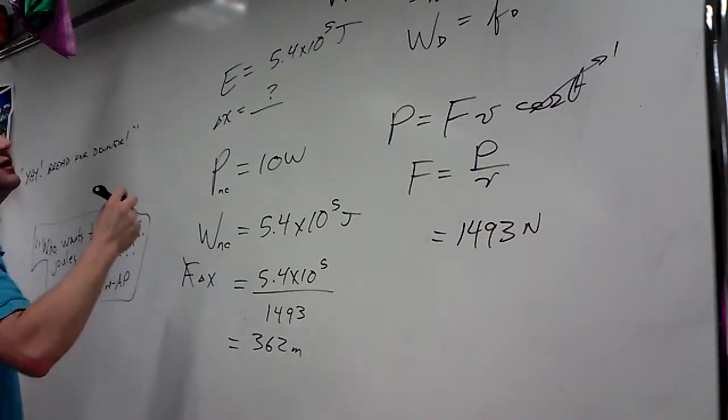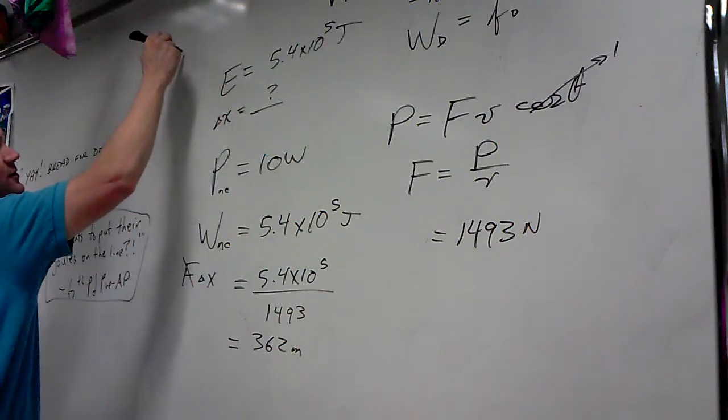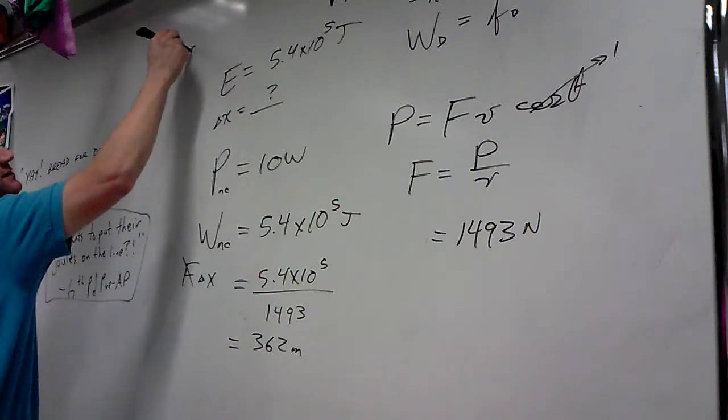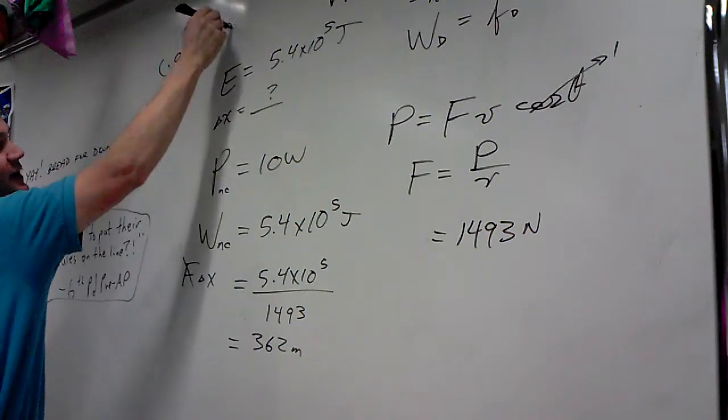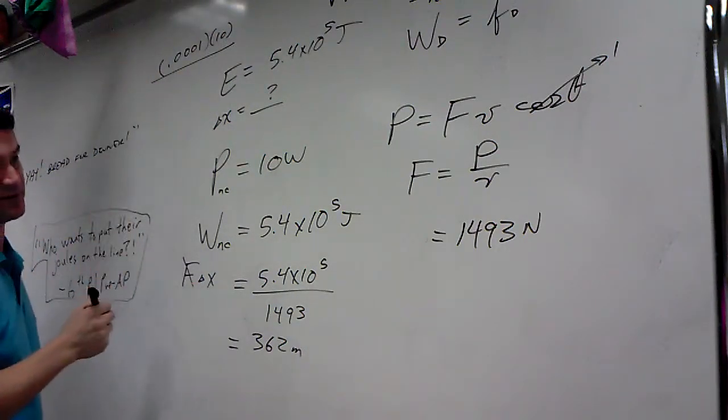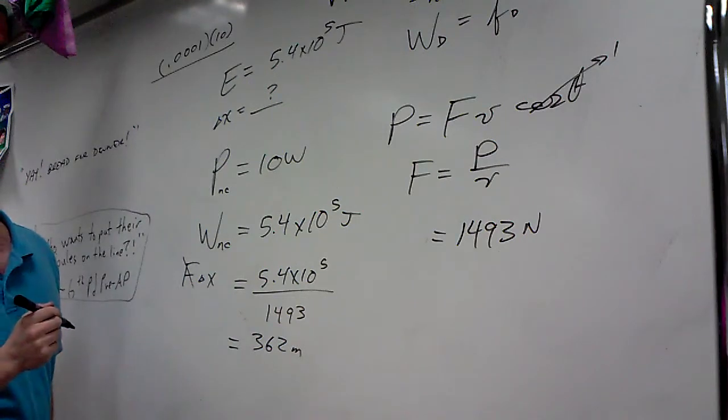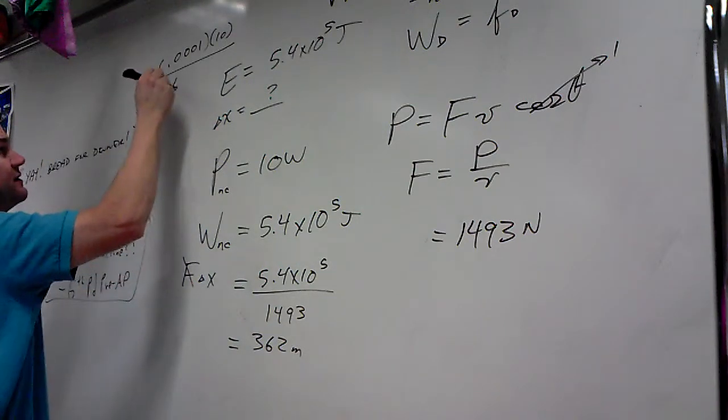So it becomes 0.0001 times 10 over the land speed, which was 6.7 times 10 to the negative 3.